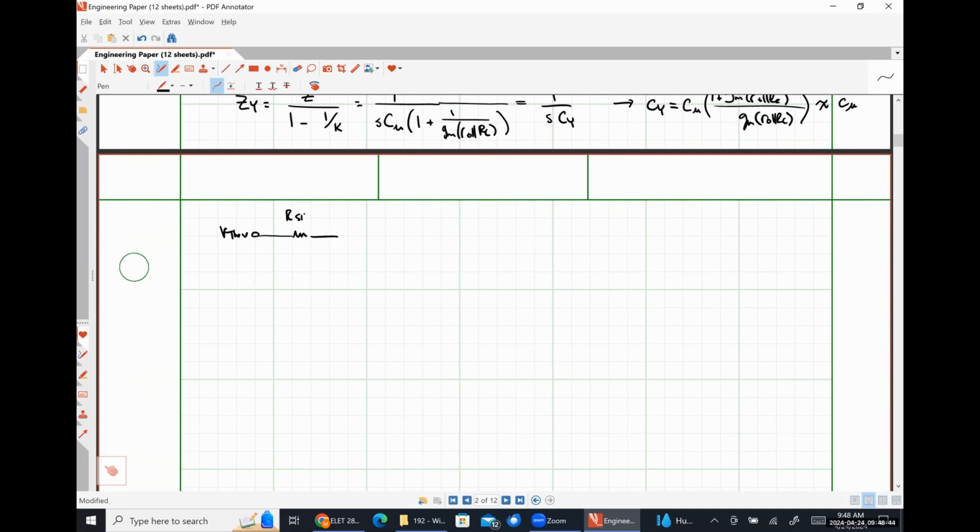Here's that resistance R sig prime. Here's our impedance 1 over S C pi. Here's our new impedance 1 over S CX.